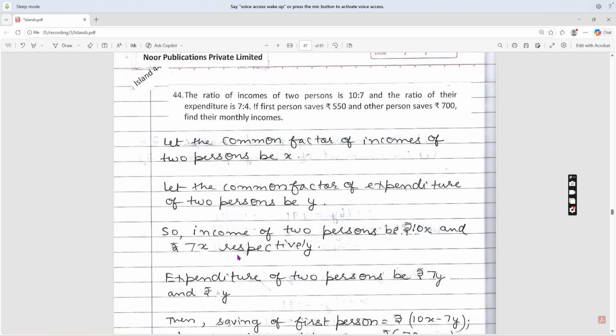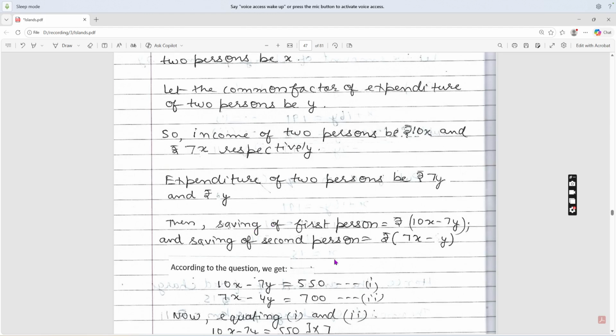So the income of the two persons will be 10x and 7x. Now their expenditure would be 7y and 4y, meaning the second one from each ratio. Expenditure of the two persons would be rupees 7y and rupees 4y.